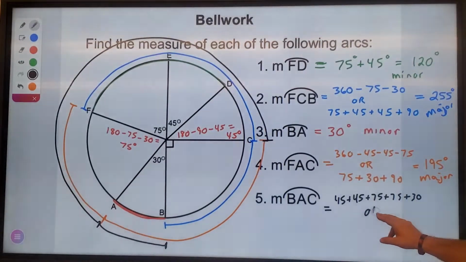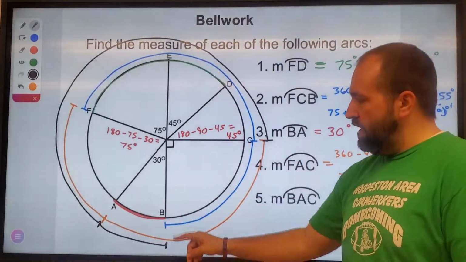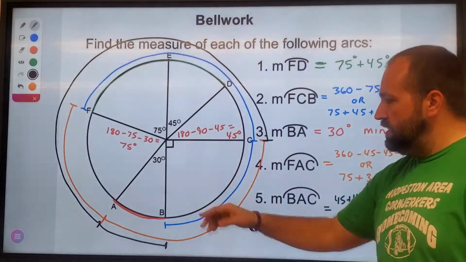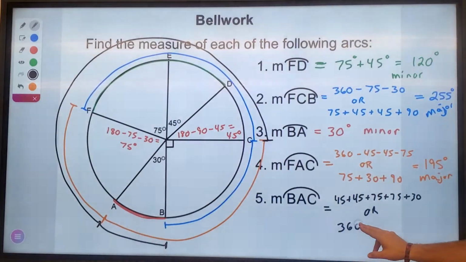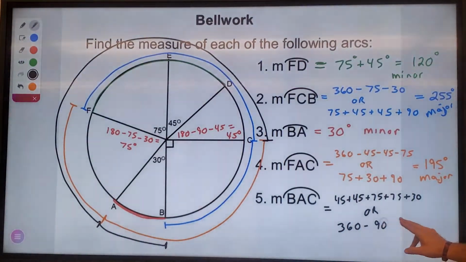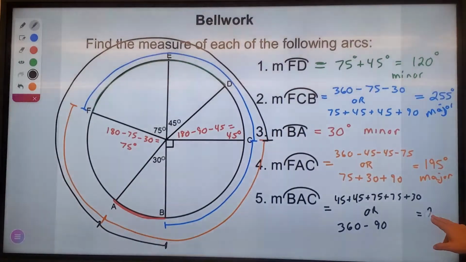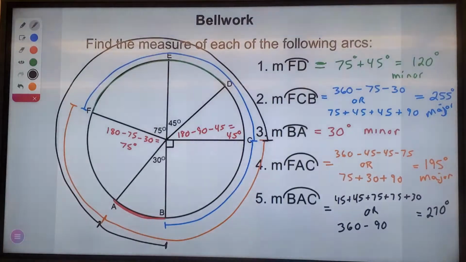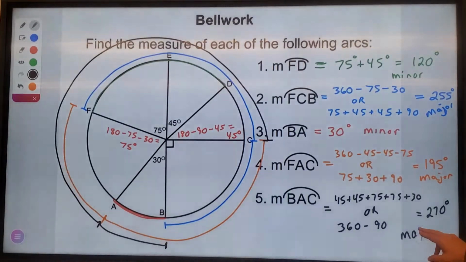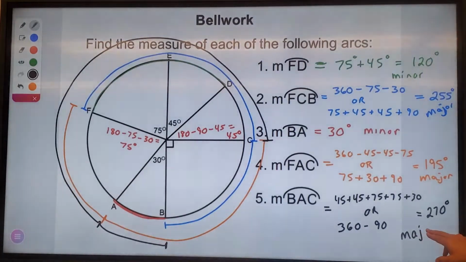Or since the only part of this that I don't have in this arc here is this 90 degree angle, I can take 360 minus 90 degrees, both of which would give me 270 degrees. Okay, and again, classifying this, it is more than 180 degrees, so this would also be a major arc.